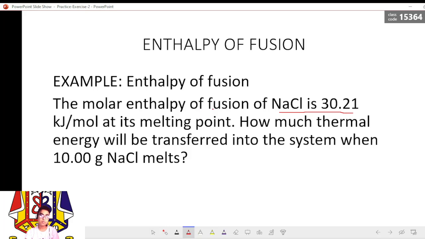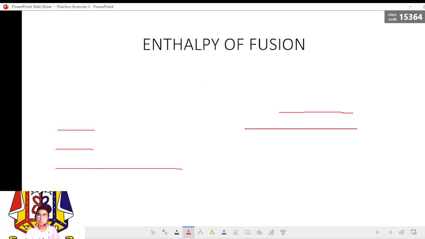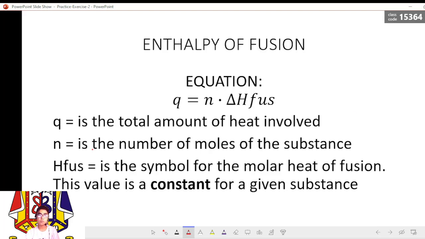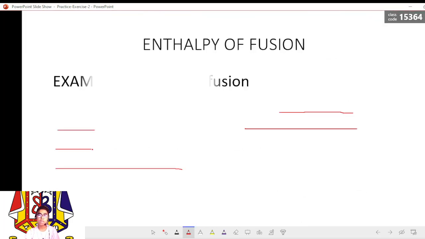The molar enthalpy of fusion of sodium chloride is 30.21 kilojoule per mole, and we have 10 grams of sodium chloride. We are looking for Q, the thermal energy involved. Since our equation is Q equals n times molar heat of fusion, Q is missing, so we are going to multiply the givens.